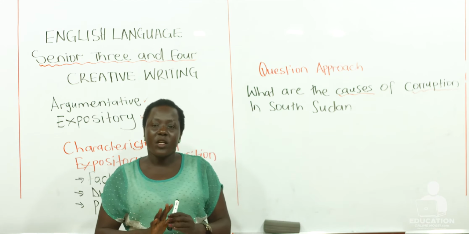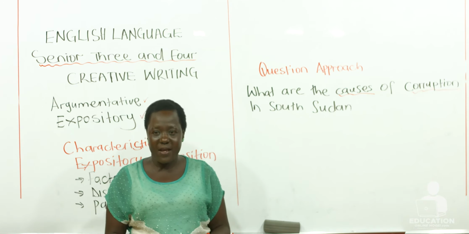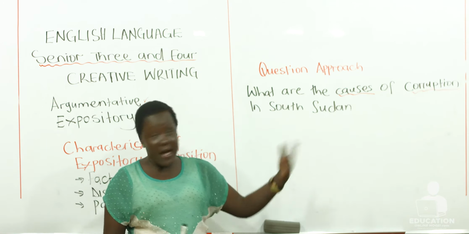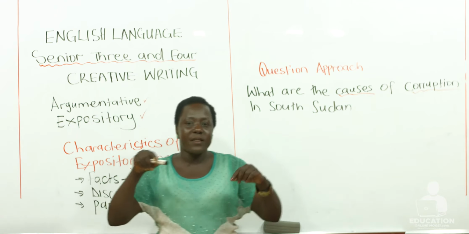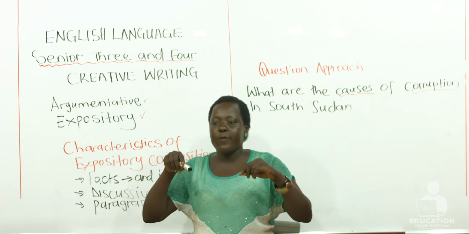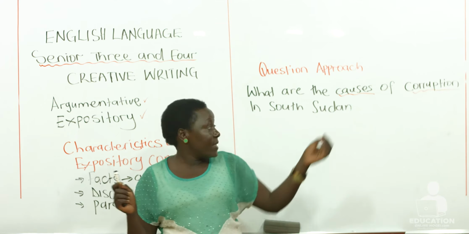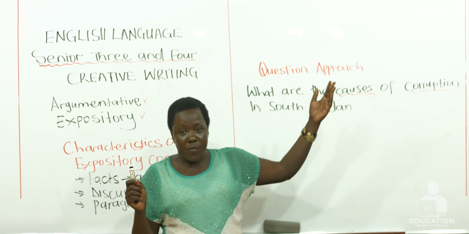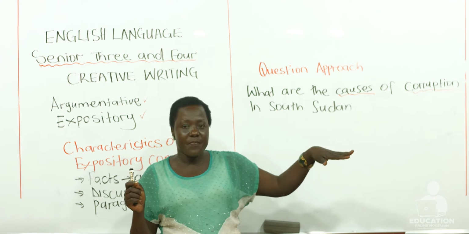If you're not a person of integrity, then you are corrupt in all ways, not only money, including money and other resources. Even when you cheat people, they tell you to come at 2, then you appear at 4. That one is corruption. You are dishonest, you are not a person of integrity, you want to cheat, and that is corruption.